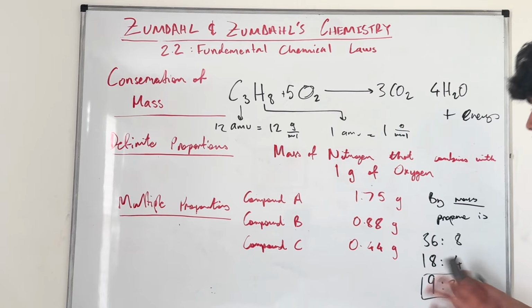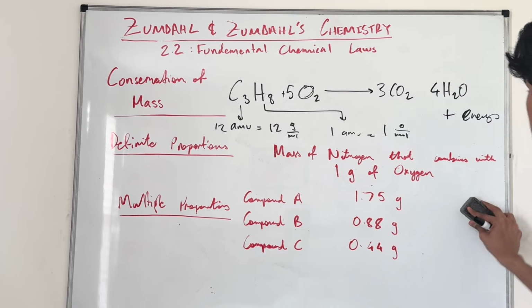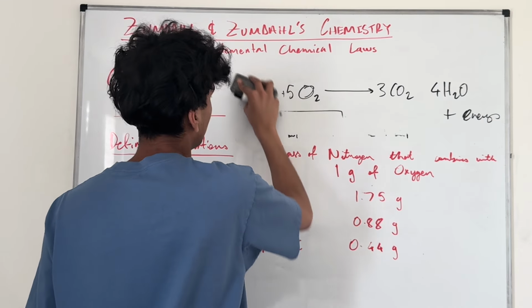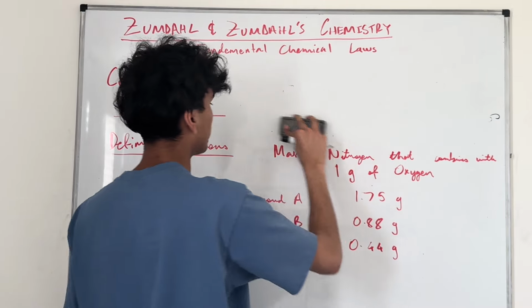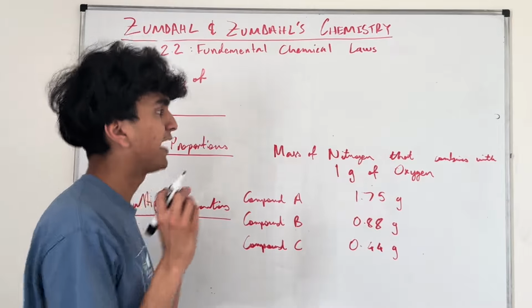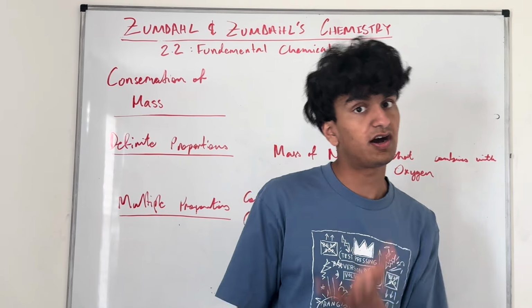definitely does. So the law of multiple proportions, it's a little bit wordy, but essentially you have to think about this. Let's say you had 1 gram of oxygen, and you want to figure out how much mass of nitrogen will combine with 1 gram of oxygen.